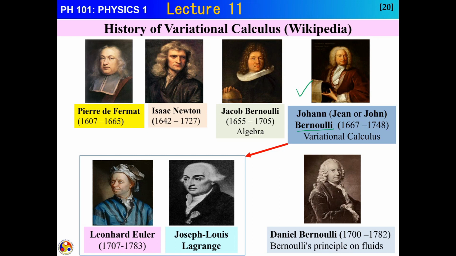But before that, Fermat said, and we call this Fermat's principle, that light follows the path of shortest optical length connecting two points, where the optical length depends on the material of the medium. That is Fermat's principle, called the principle of least time. We will see it in the next slide.